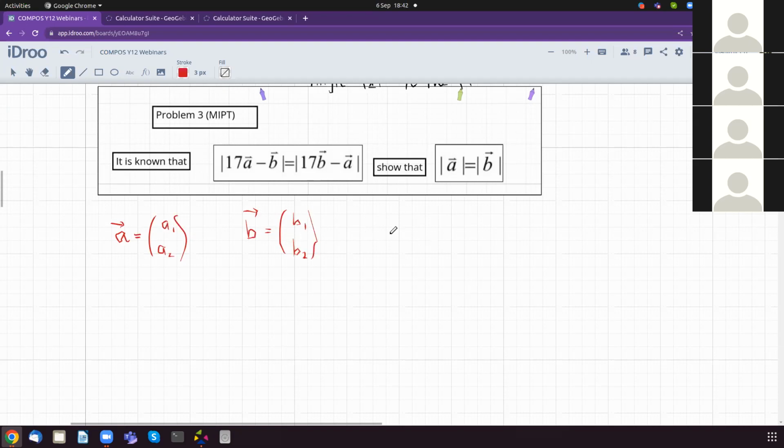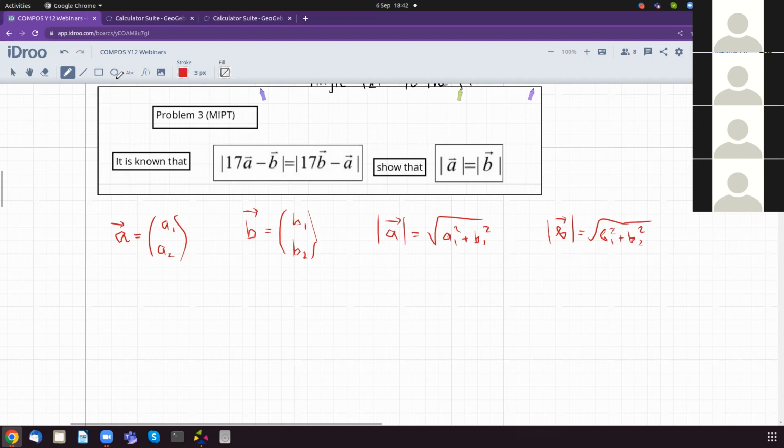Now, the modulus of A is the square root of A1 squared plus A2 squared, and the modulus of B is the square root of B1 squared plus B2 squared.